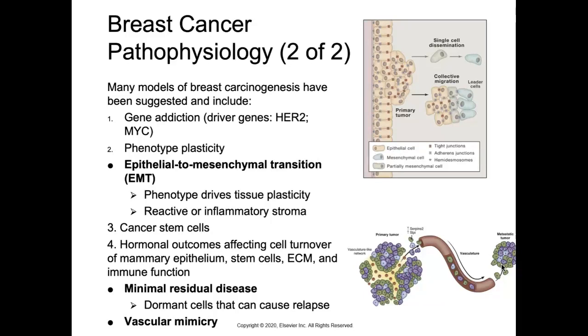The image that we have down here is illustrating vascular mimicry, and this is going to be the situation in which we have a blood supply pathway within our tumors that are formed, and the tumor cells are able to escape from the primary tumor into the vasculature, so they move through the bloodstream over to distant tissues where they can colonize.